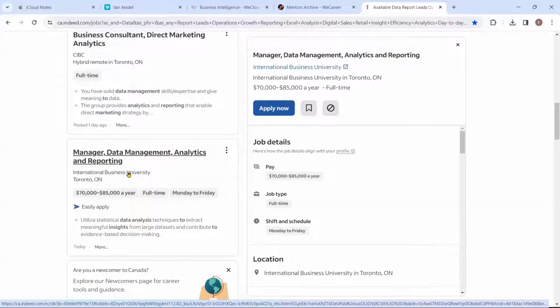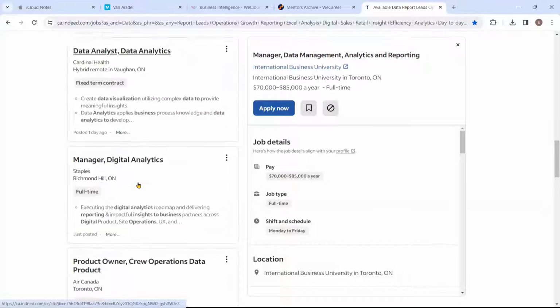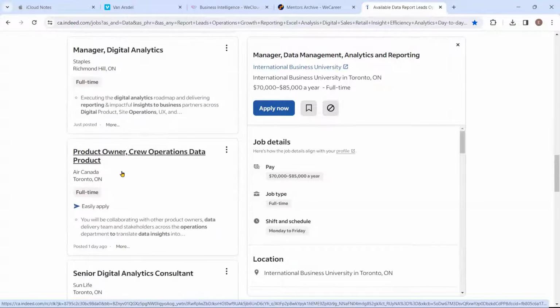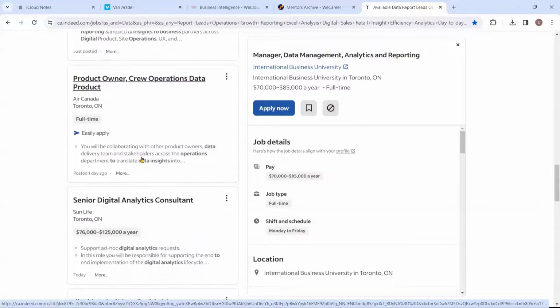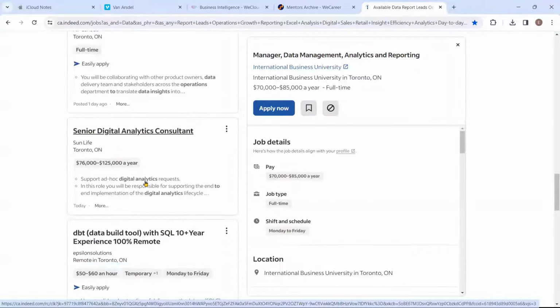And I'm not quite familiar with this university, so I'm going to skip it. Staples. So this is a retail manager, digital analytics. Air Canada, this is a product owner through operations data product. Sun Life Insurance, senior digital analytics consultant.